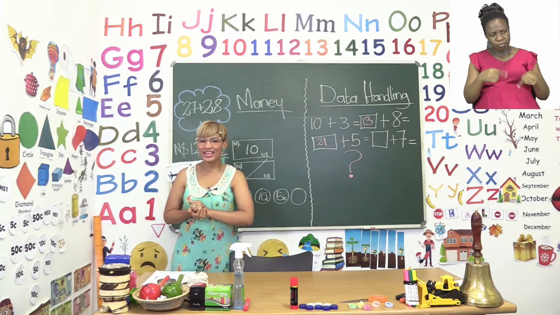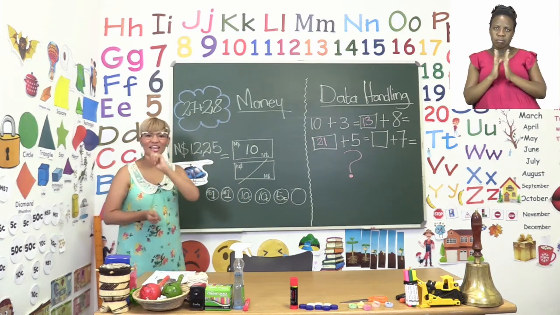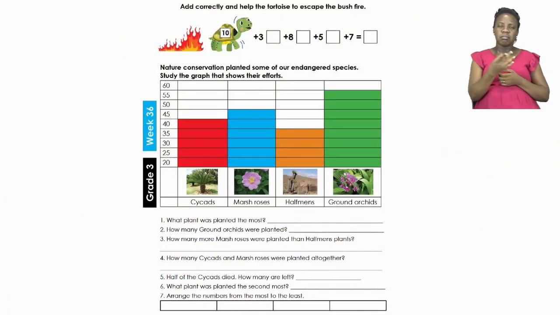But before we do that, let's quickly turn our booklets to page 28 and see what else we have to do there. Now here on page 28, we have to do data handling. In the first part it says you have to add correctly and help the tortoise to escape the fire.